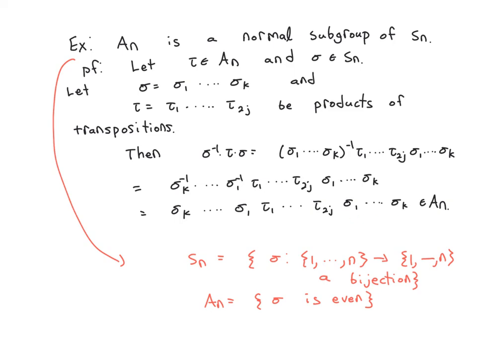So there's 2k plus 2j factors here, which means this conjugate can be written as a product of an even number of transpositions, which means that it is in fact an alternating permutation. So conjugates of alternating permutations are alternating. Ergo, the alternating group is a normal subgroup of S_n.